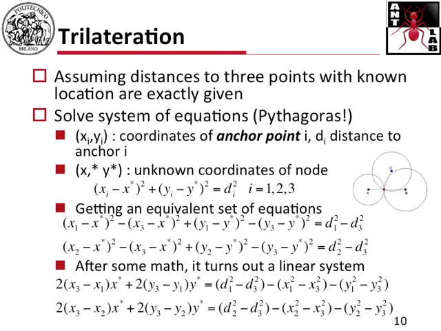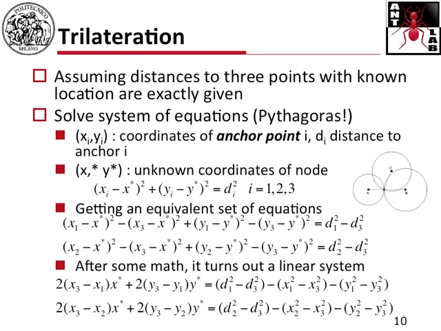What you can show is that you can get to an equivalent system just by, for example, subtracting the 3rd equation from the first one and from the second one. So you get an equivalent system, which is like this one, which is linear.